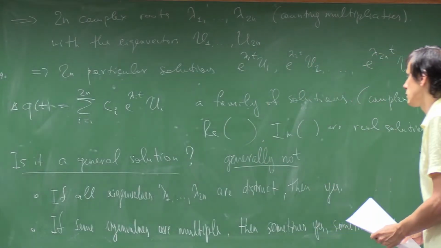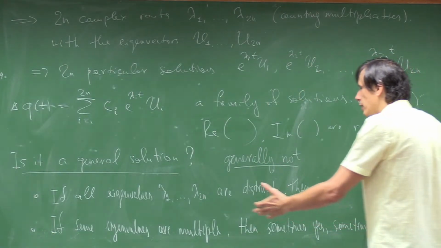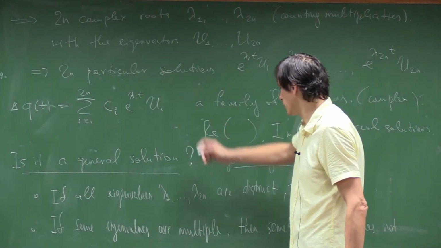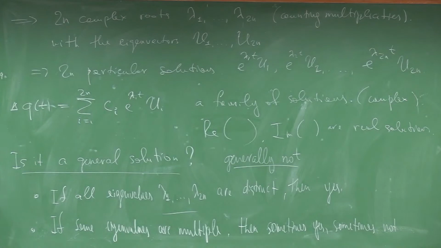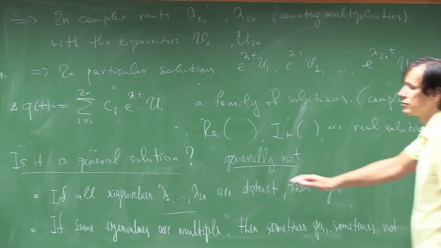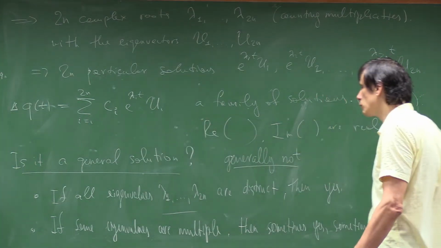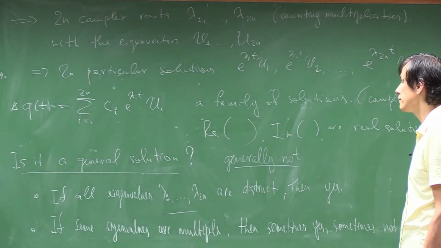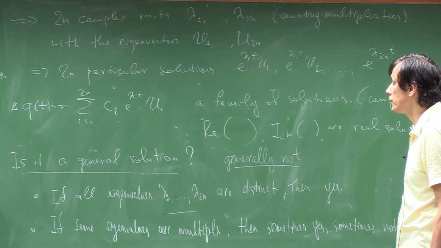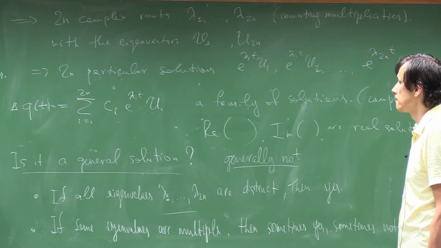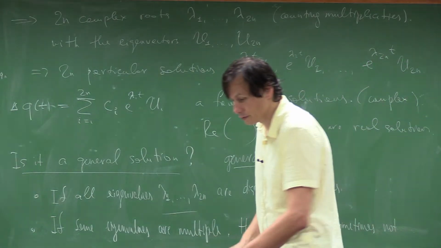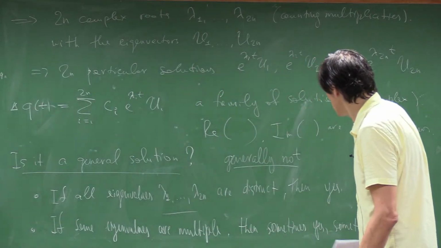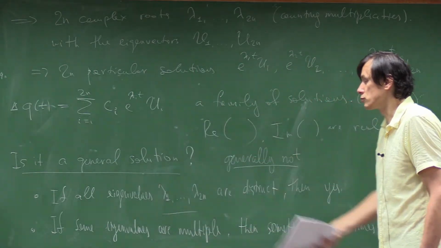It turns out that in principle this is a good way, because if you are lucky and all eigenvalues are different, this is a general solution. We will see why. But if some eigenvalues are equal, and this is a situation you encounter in many important cases, then this is not a general solution.